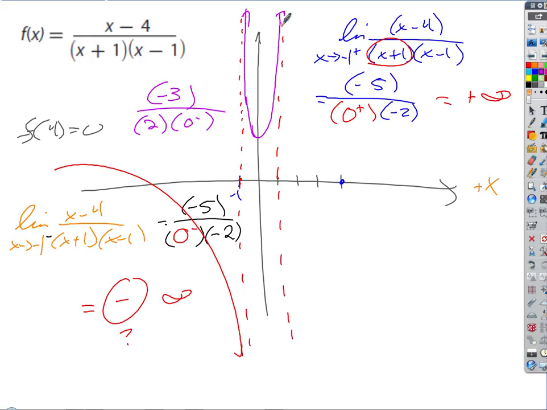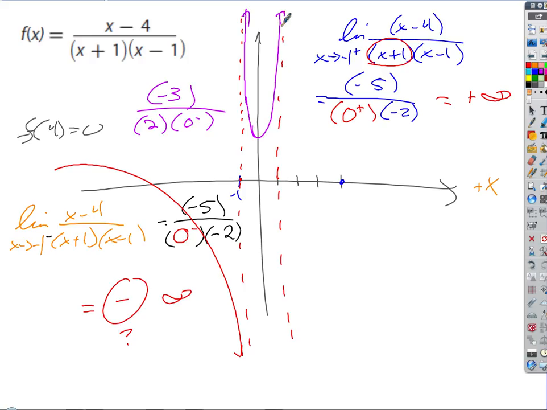No, not really. It's a little more complicated than that. All the bottom is doing is giving us the places where the function is undefined, where we have to check the behavior of the asymptote, right? We have to get real close to it and just see what happens. As we get really big, we've got to know what the sign of the function is going to be.